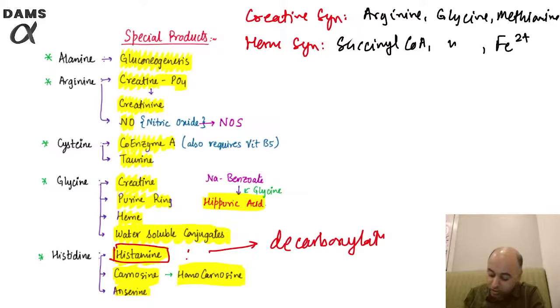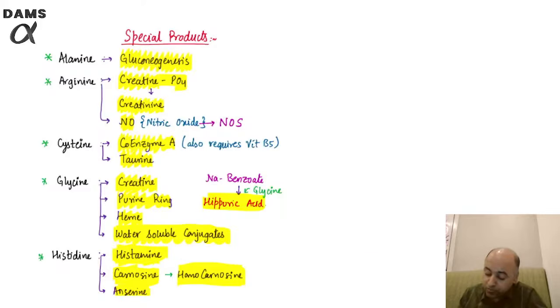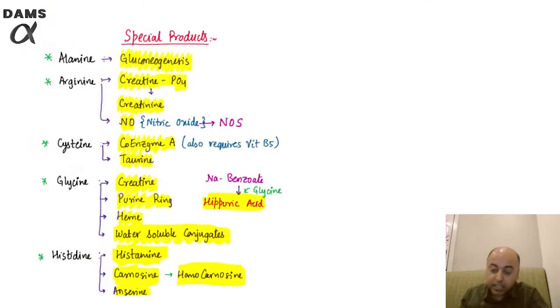Later on we will get a question on the heme degradation also. So I'll quickly highlight here itself. In heme degradation, what you get is biliverdin. Along with biliverdin, we get the carbon monoxide. This is possibly the only physiological reaction where carbon monoxide is produced, and the ferric iron.